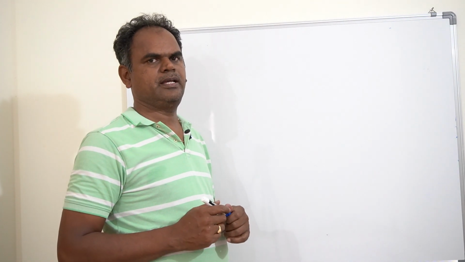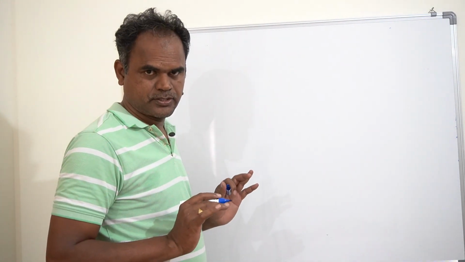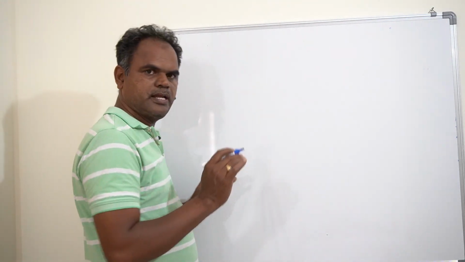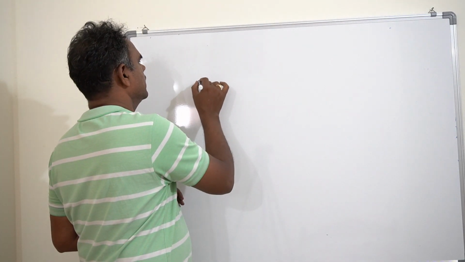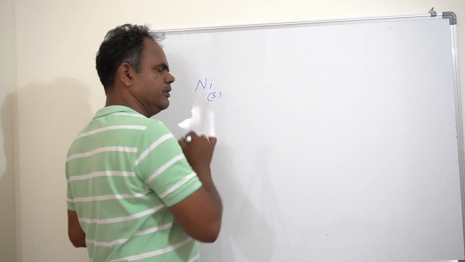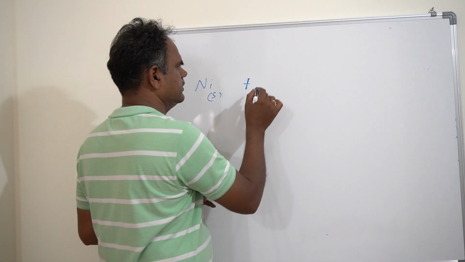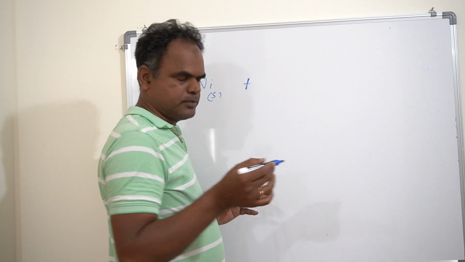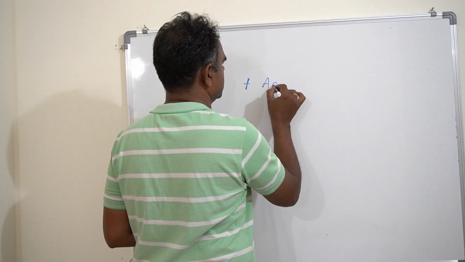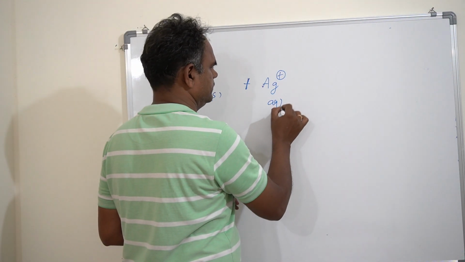So what is a typical cell reaction? A typical cell reaction is a redox reaction. So what is a redox reaction? Here I am taking nickel reacting with a salt solution. What is the salt solution? It is Ag+ aqueous solution.